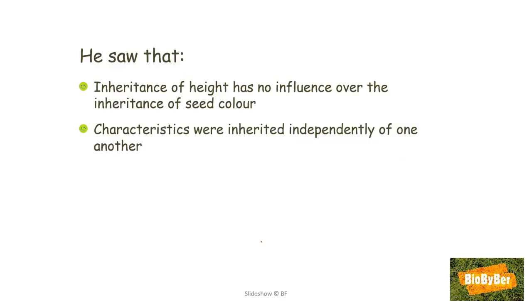This time round he saw that, in addition to the law of segregation, the inheritance of height had no influence over the inheritance of seed colour, that the characteristics were inherited independently of one another.